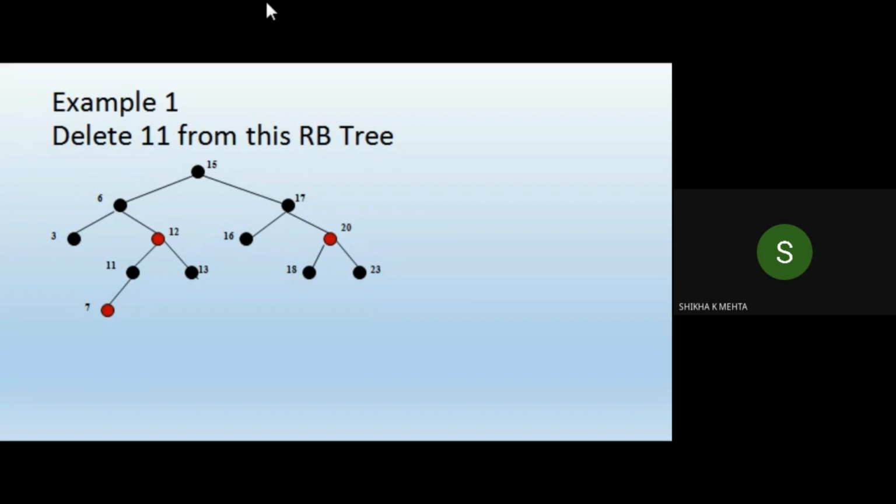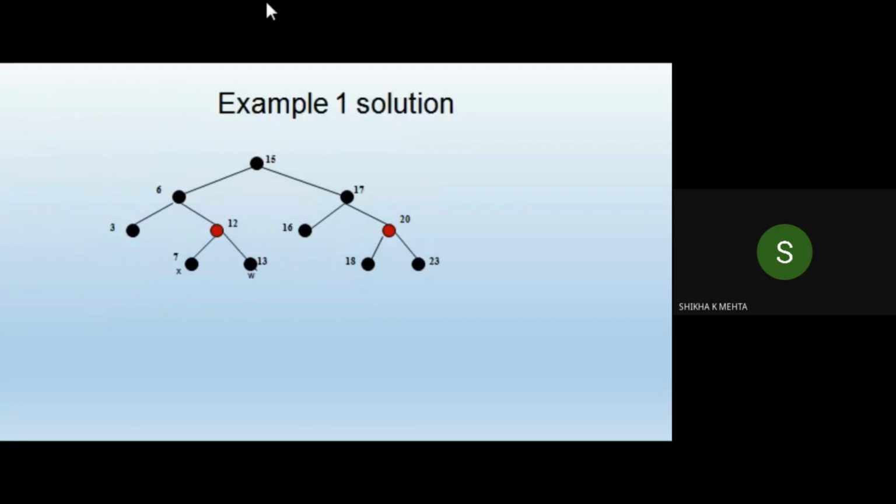So 11, to be deleted, is replaced with 7, and we change the color of 7 to black. Since 7 will now be a black node, the black height of the tree will remain the same even after the deletion of 11 along this branch.